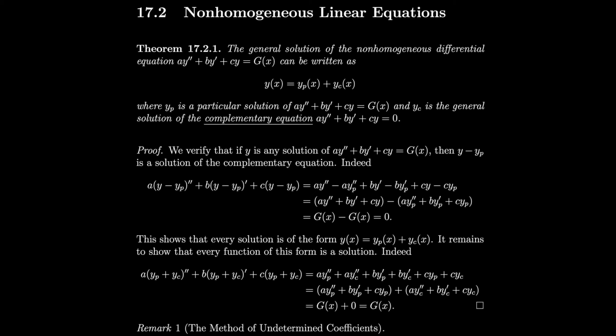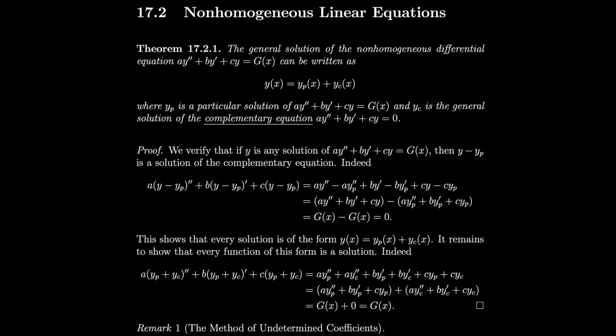It doesn't show that y minus yp will automatically solve this thing. In order to check that, we need to plug y of x equals yp plus yc back into y to make sure that we actually get g of x in the end.